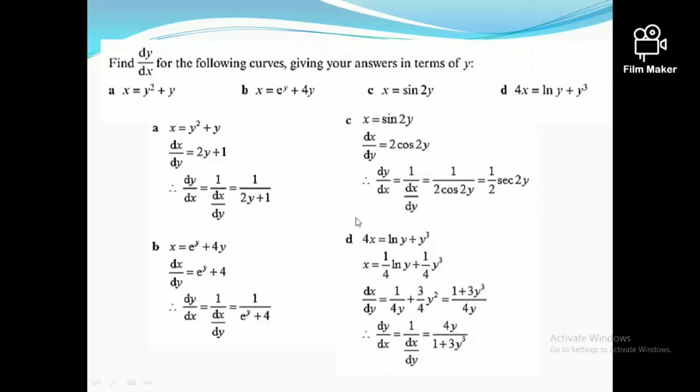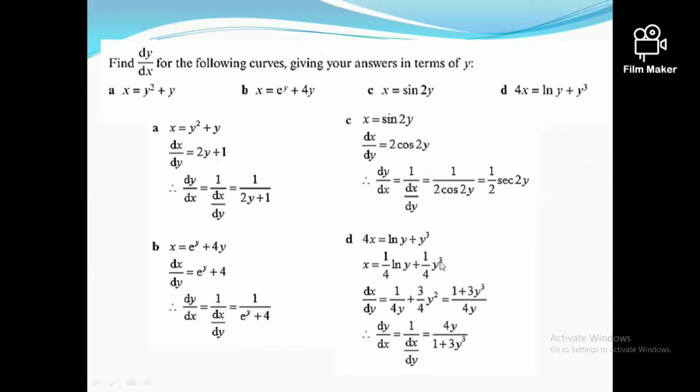The next question is we need to find dy by dx of 4x equals ln y plus y cube. Initially, we have to make x the subject. Then you can say x equals 1 over 4 ln y plus 1 over 4 y cube. Then we can find dx by dy. So you can keep 1 over 4. Ln y differentiation is 1 over y. So this answer turns into 1 over 4y plus 1 over 4 y cube.